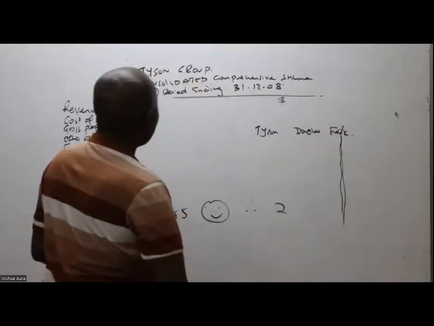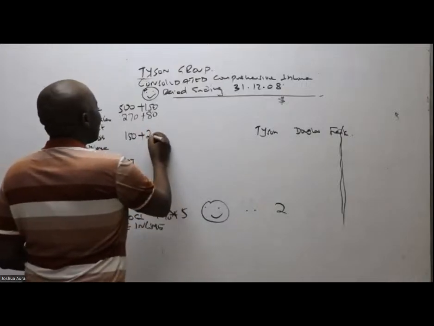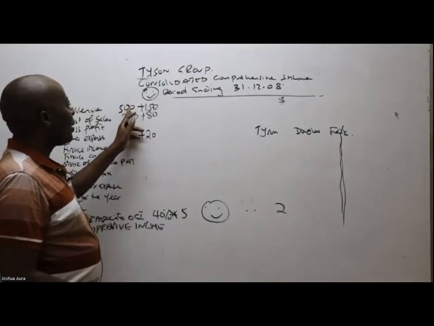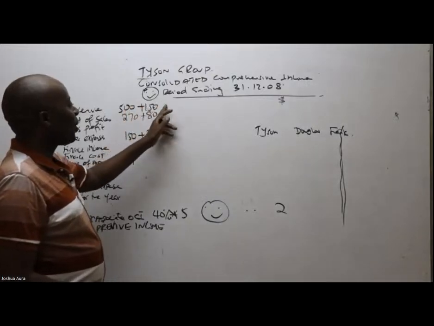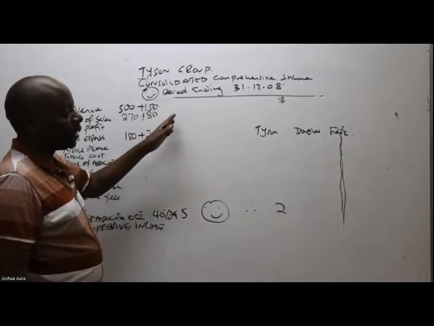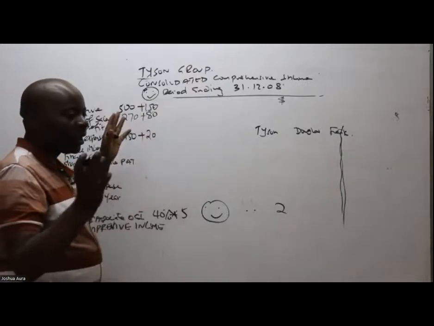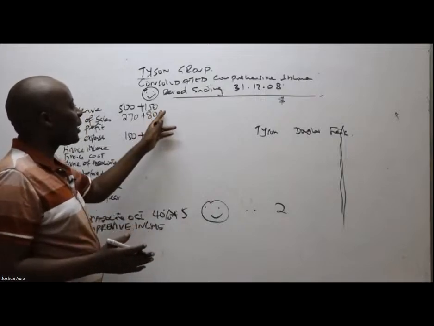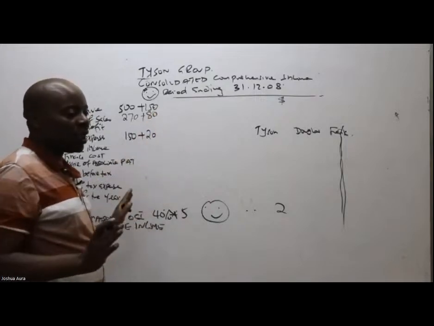You might get another person telling you, teacher, why not take those three things, 500 plus 150 plus your franc? We're leaving franc out because of the standard. The standard tells us never to consolidate associates, never to bring in figures of joint ventures here directly. No, we don't do that.